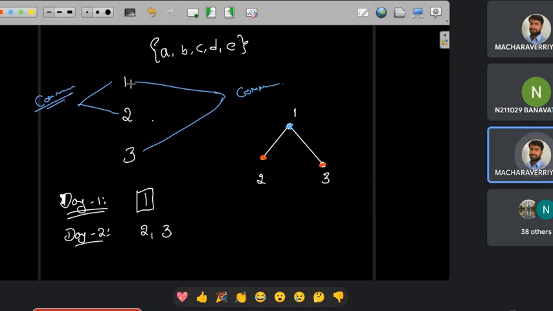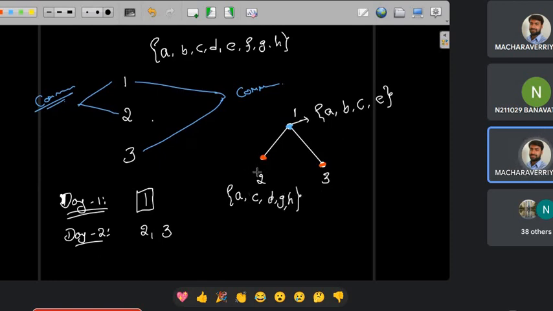For the first course, the students registered, I'm taking randomly, so let me take more students so that I'll have more convenience: A, B, C, and E are registered for the first course. When it comes to the second course, the people registered are A, C, D, G, H.